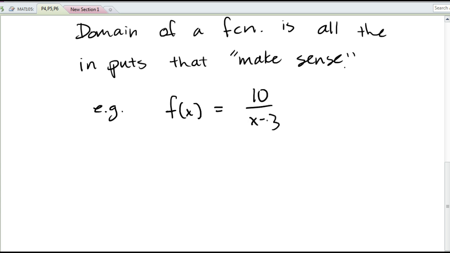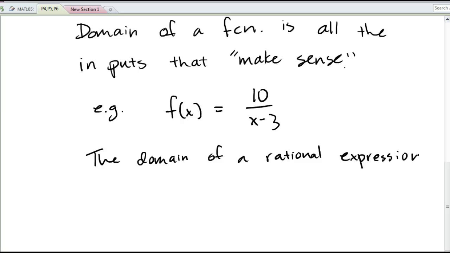basically whenever we have a rational expression, division by 0 is going to cause a problem. So the domain of a rational expression is all x values except the ones that make the denominator 0.